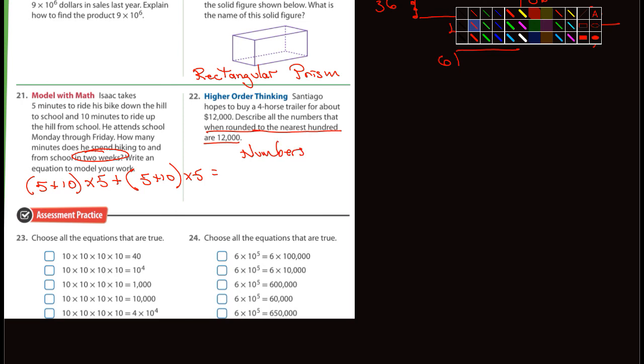greater than or equal to 11,950 and less than 12,050.